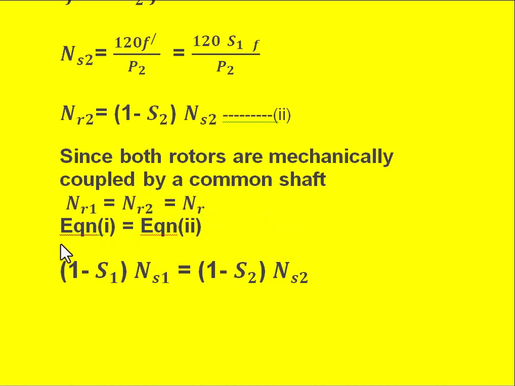Having known equation 1, that is for machine 1, 1 minus S1 into NS1 is NR1, and NR2 is 1 minus S2 into NS2.